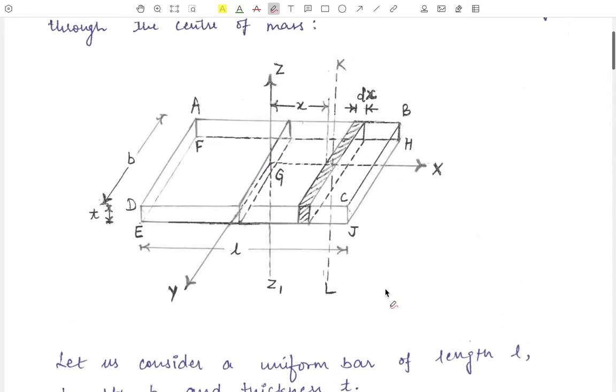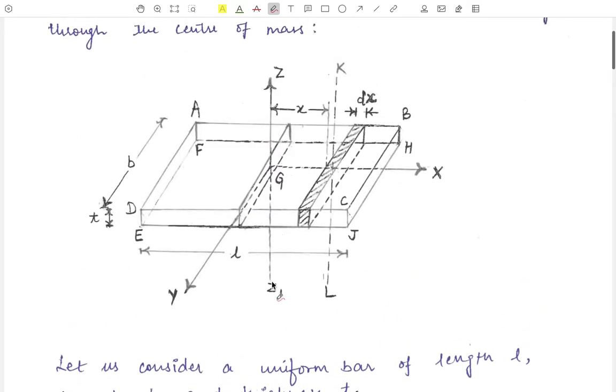Now, since Z1 is the required axis that is passing through G, and we have to find out its moment of inertia about this Z1 axis, let us suppose this rectangular bar to be divided into a large number of thin rectangular rods.